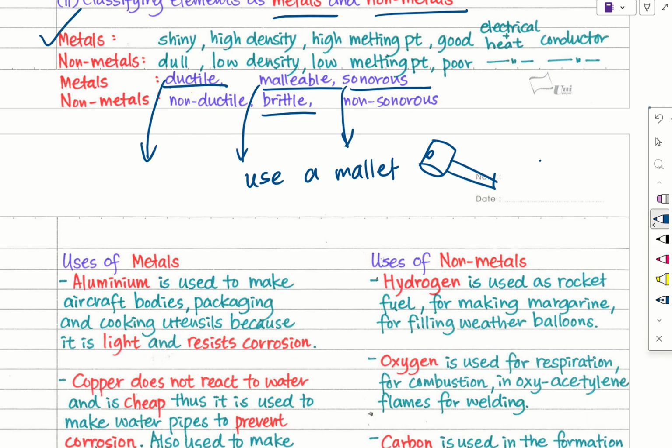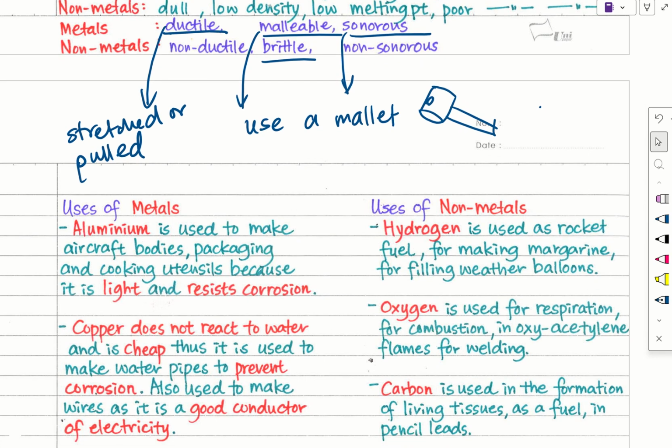Ductile means it can be stretched or pulled. This is when you are pulling metals into wires. So they can be stretched or pulled. But for non-metals like plastic or wood, once you pull it, it may break.